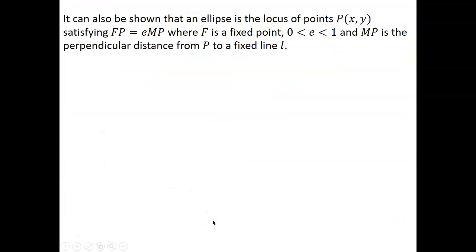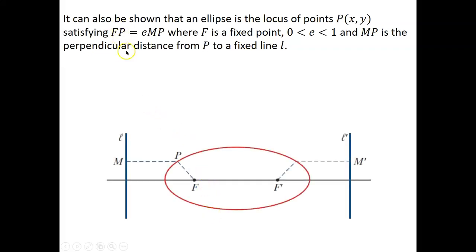Now, there's another way that we can describe an ellipse as a locus, and it is as follows. It's going to be easier with a diagram. So it's where the distance from the focus to a point on the ellipse is equal to some value multiplied by the distance from a directrix to the ellipse.